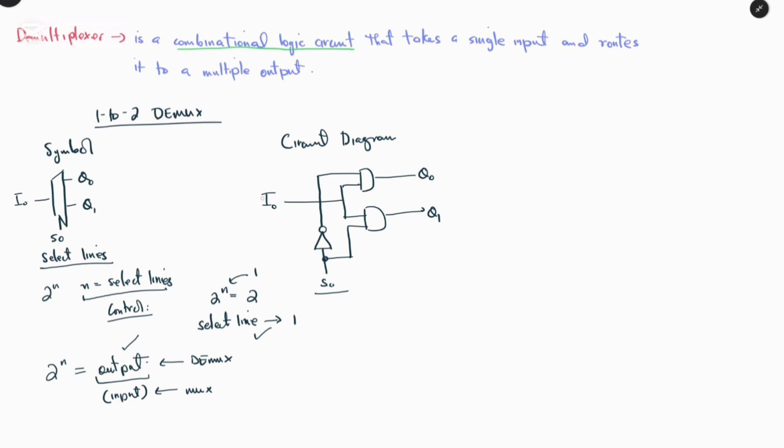So this input data can be sent via the first channel or the second channel, or can be passed through a device which is connected to Q0 or a device connected to Q1.